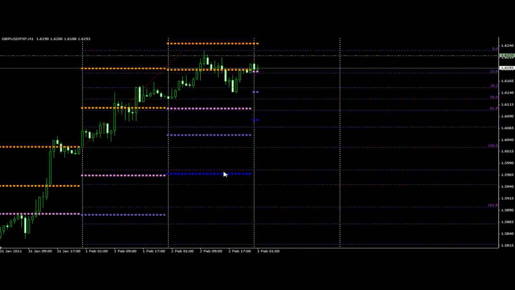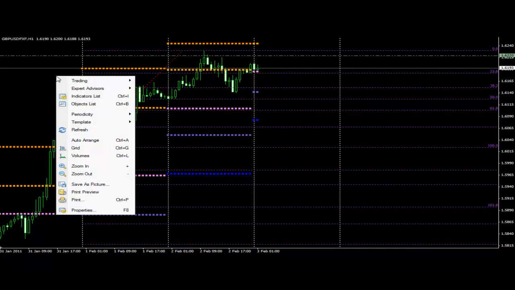There is a confluence of R1, central pivot, and midpoint in here. It would be MR1. So we have a confluence of support plus this low in here. We went down, blew out the stops, and we've traded up since then.